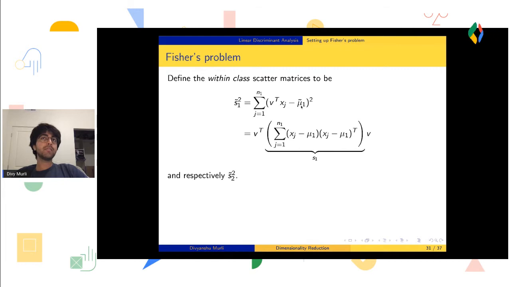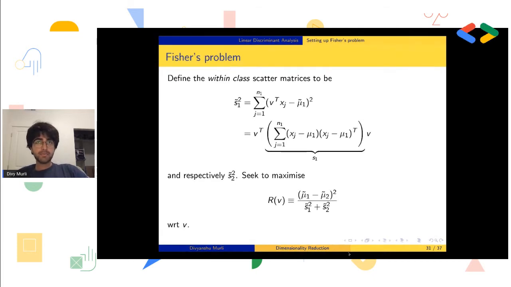It measures the variability of the data points from their mean. And we're just rewriting it as V transpose S1 V. And same thing for S2 tilde squared. So we're seeking to maximize this ratio here.